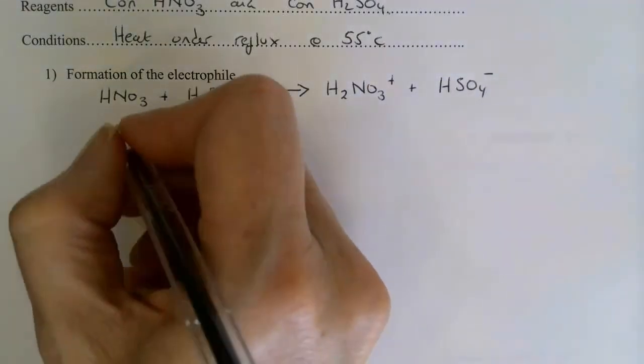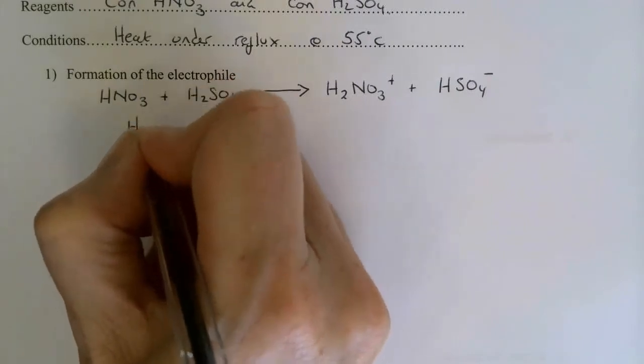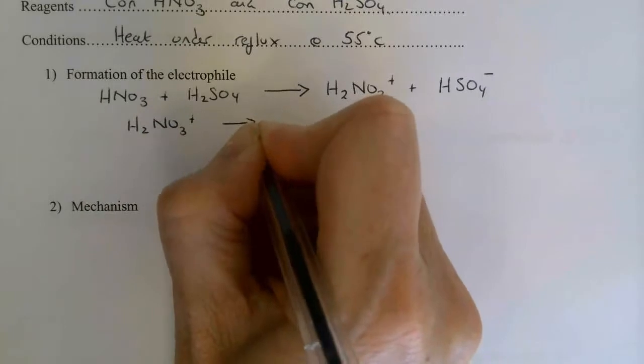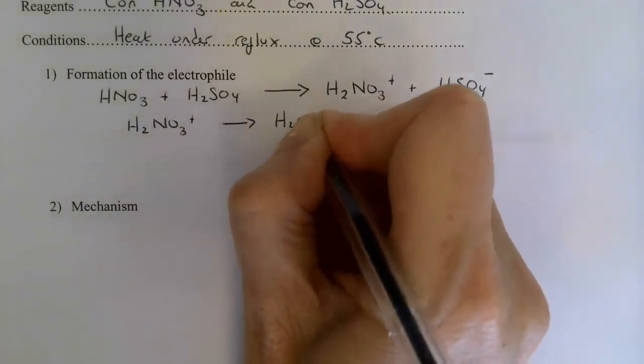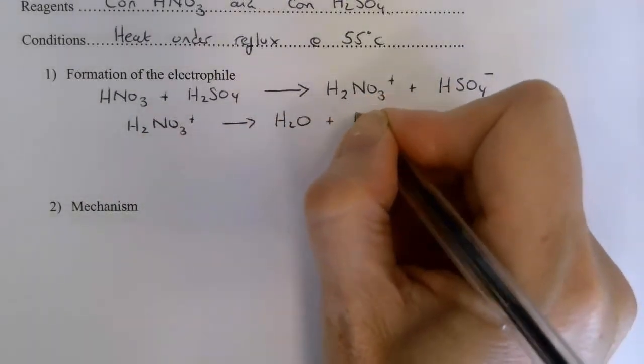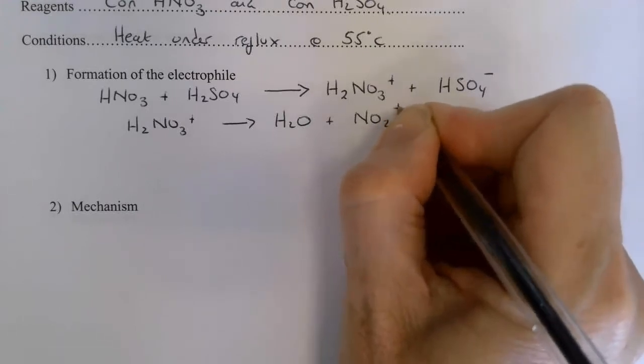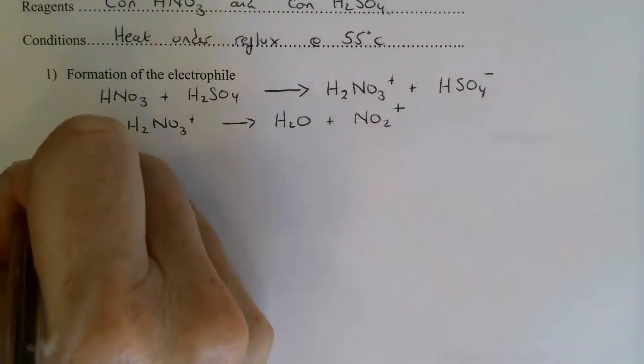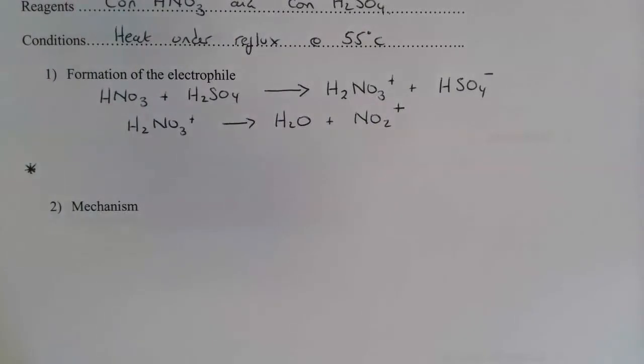Then very, very quickly, that H2NO3 positive loses a molecule of water to become the slightly more stable NO2 positive ion. Now, quite often we show this, instead of in 2 steps, in 1 step. So this is probably the one you want to use in the exam.